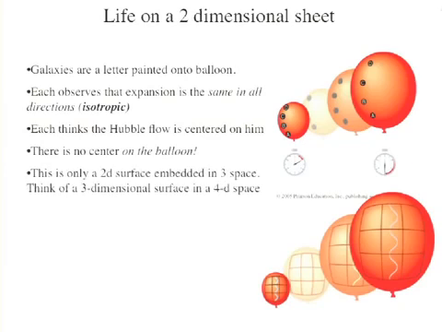It's a two-dimensional surface embedded in three space. The reality is you have to think of our three-dimensional surface embedded in four space. Embedded means that I can place the two-dimensional surface of that balloon easily in a three-dimensional sphere. There's no problem doing that. We're all used to that.